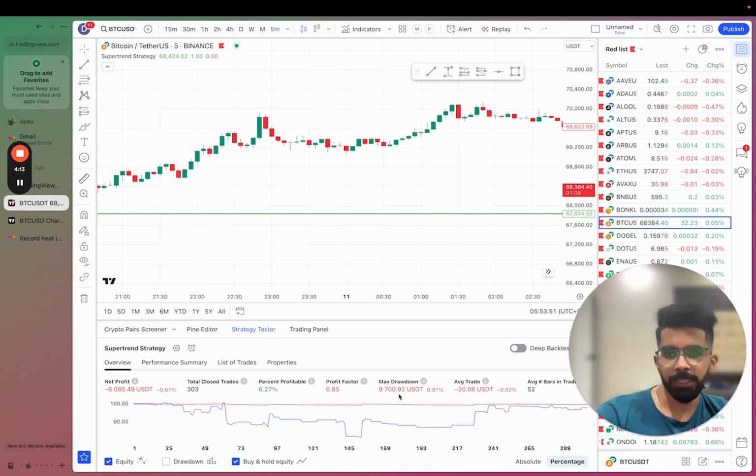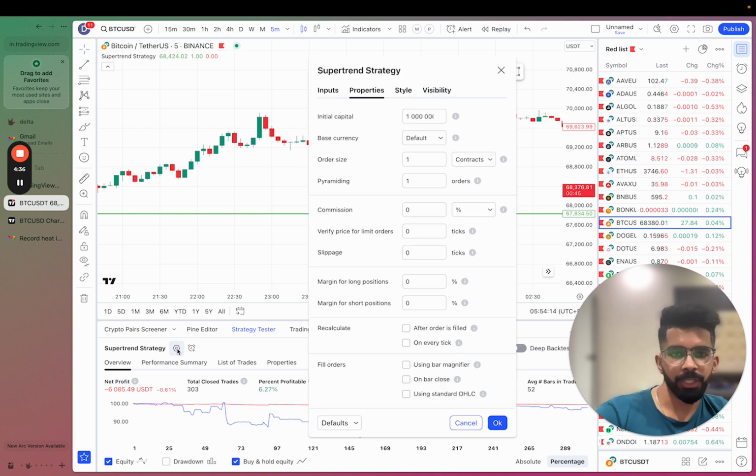Maximum drawdown is $9,700, which means that the maximum loss from any running high of the strategy has been $9,700, and the average trade has given a loss of $20. The average number of bars in the trade is 52, which means 52 into 5 minutes, that is 260 minutes was the average trade duration.